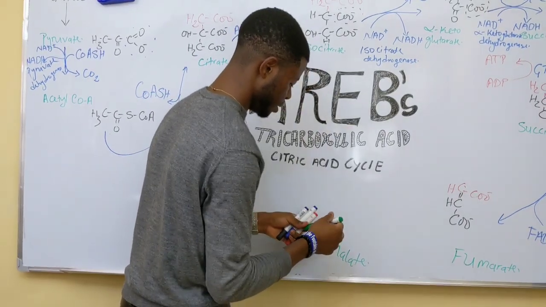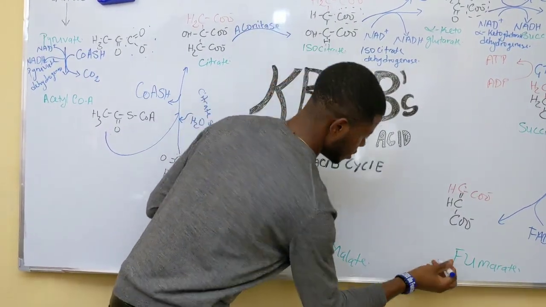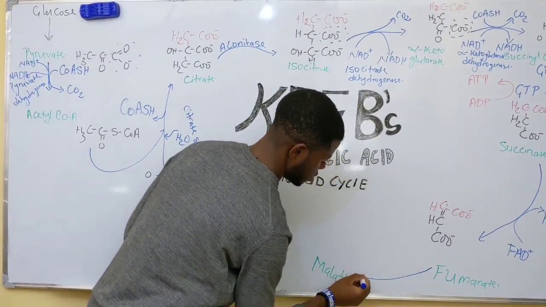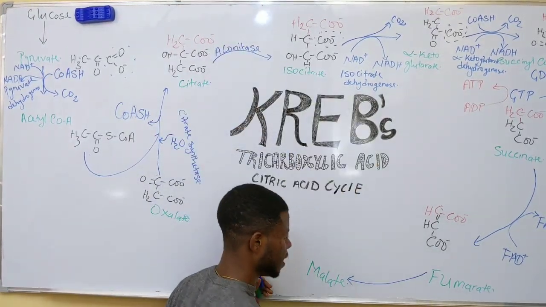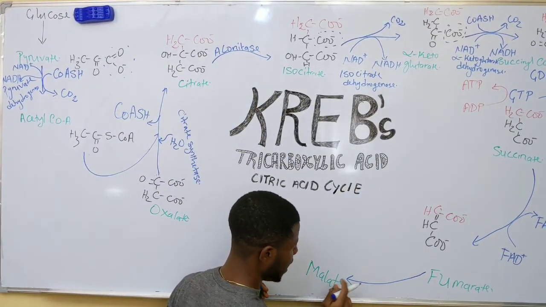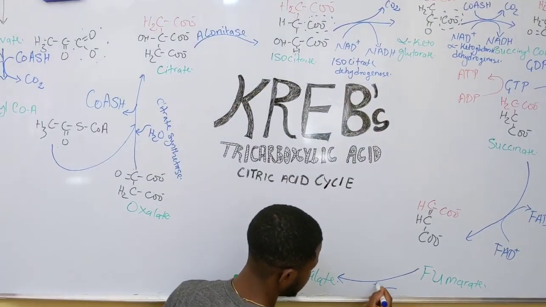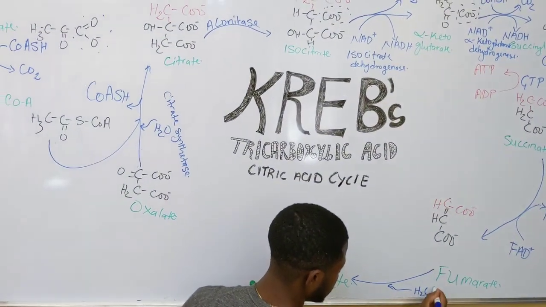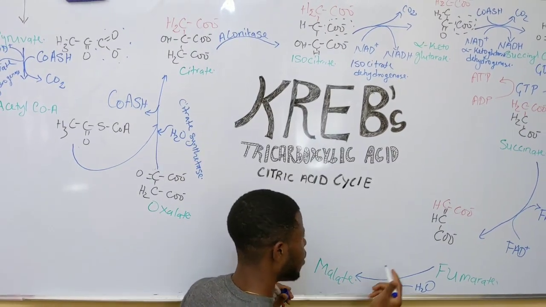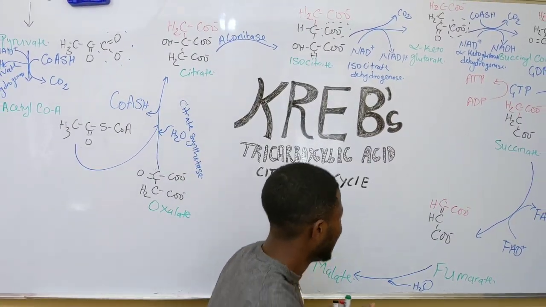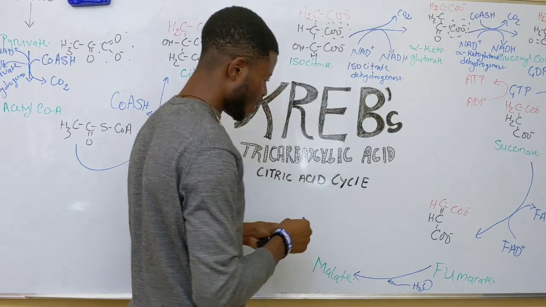From fumarate to this, I'll need to have this. And now, something is taking place here, very important. That means from here to here, I am adding water. That is what is happening. I am adding water. And if I am adding water, that means I'll have a new chemical structure. I'll have an OH group coming in here.